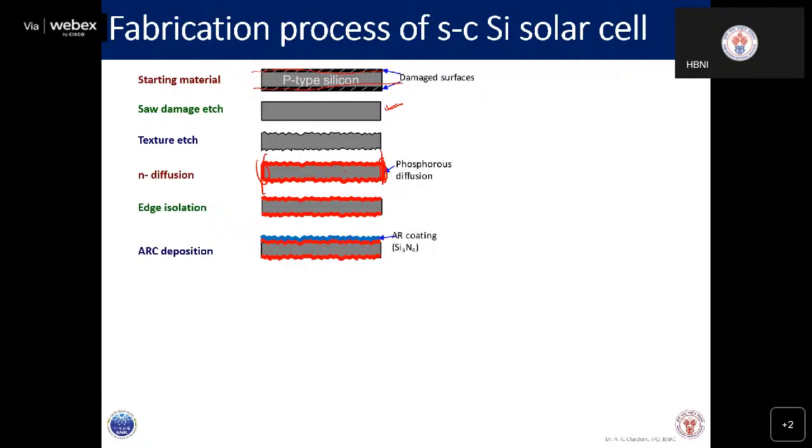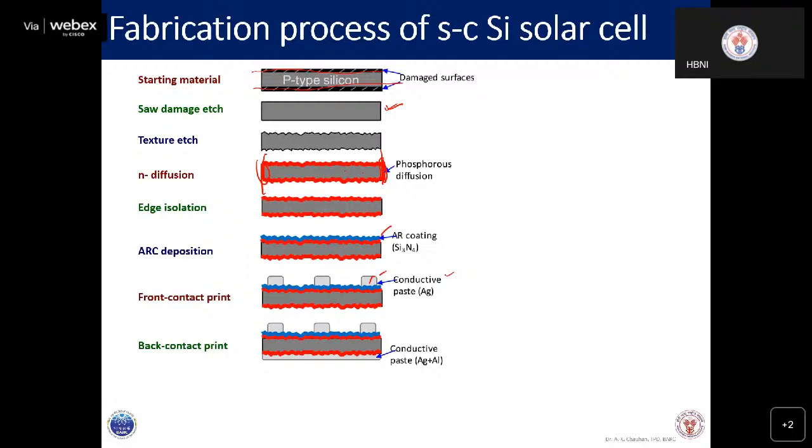Then an anti-reflection coating is done on this surface, which can be tantalum oxide. After that, a conducting paste, which is silver, is applied step by step, in two steps, and the electrode is printed over this.